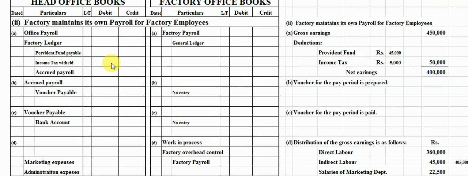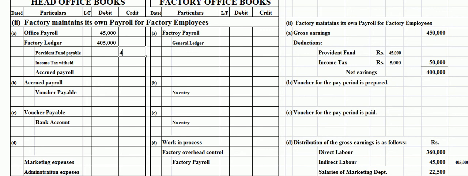Now we put the office payroll amount here, which is 45,000 rupees. Factory ledger is 4,05,000 rupees here.